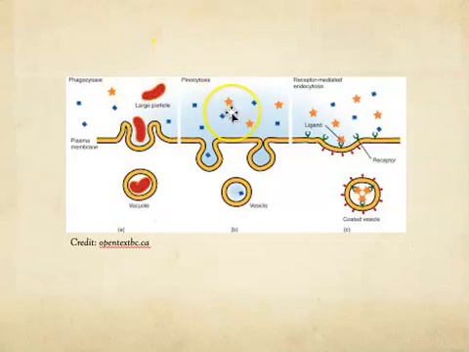Now, pinocytosis is different because in pinocytosis, there is no particle coming in, small or large. This little blue thing right here represents some very small molecule or maybe some ions that are in the fluid. But what's coming into the cell through pinocytosis is the liquid that's outside of the cell, not some particle itself that's being captured.